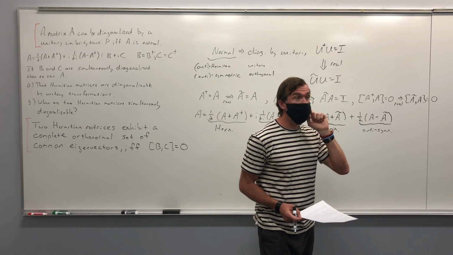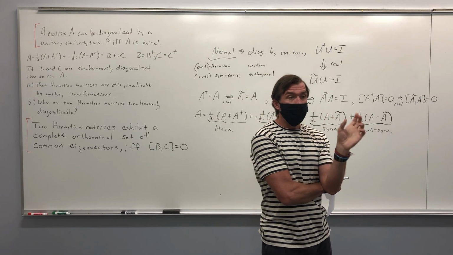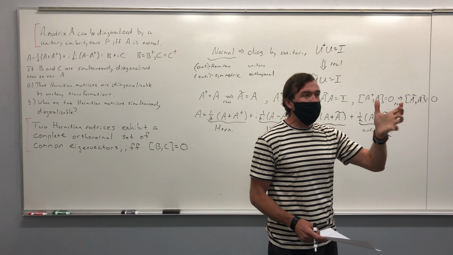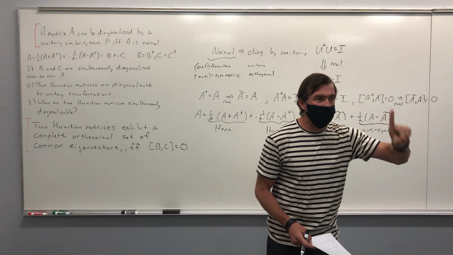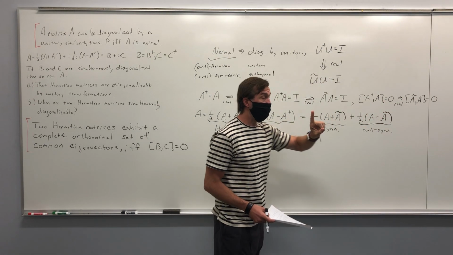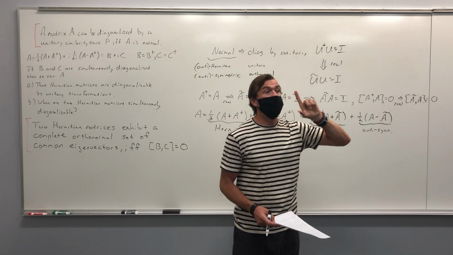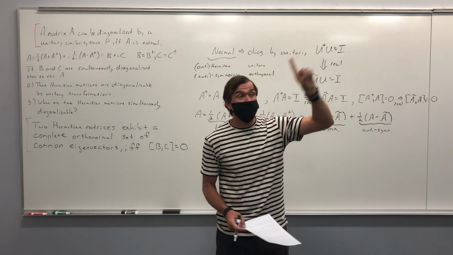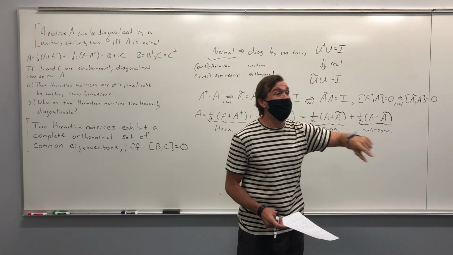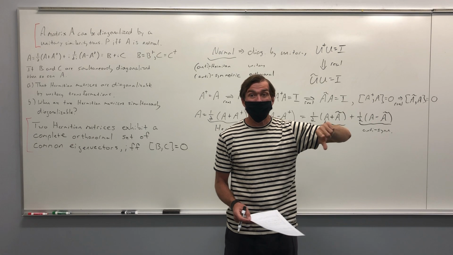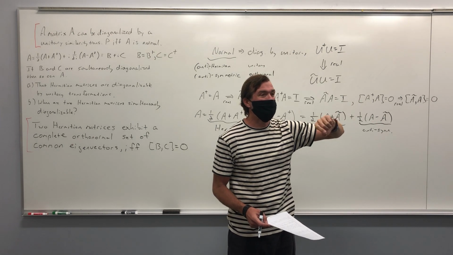But let me ask you a question. I start with a real matrix, and I'm trying to diagonalize it using real matrices. That's what orthogonal means. And the resulting diagonal matrix should have the eigenvalues down the diagonal. Now, who can identify the problem with that story?